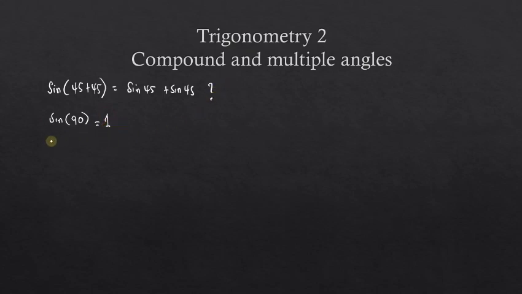And we also know that sine 45 is root 2 over 2. So if you are adding, this will be equal to root 2 over 2 plus root 2 over 2, and that should give us 2 root 2 over 2, which is the square root of 2. This is not equal to this, right? This is not equal to this.